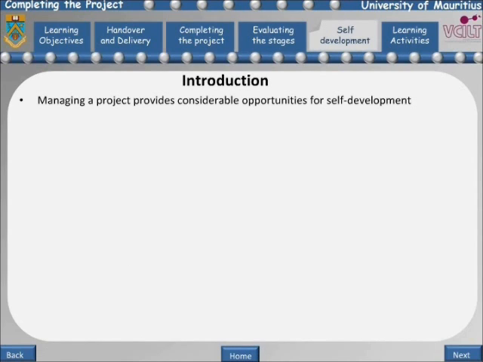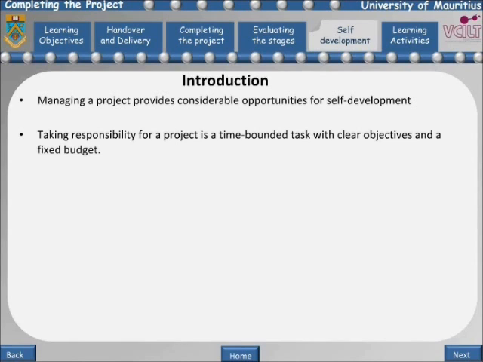Managing a project provides considerable opportunities for self-development, but these can be lost if you become too immersed in delivering the project to remember that you will move on to other work once it concludes. For many managers, taking responsibility for a project is a time-bounded task with clear objectives and a fixed budget. A project usually involves managing staff, finance, operations, and information across the boundaries of departments and functions, with complicated interactions and difficult situations.